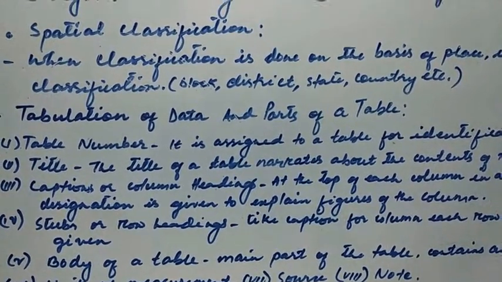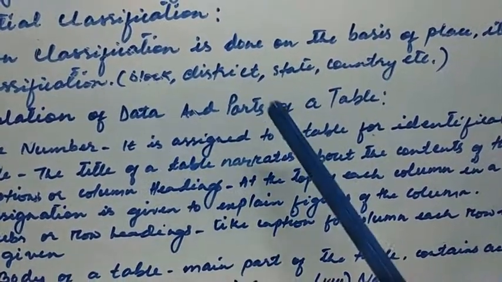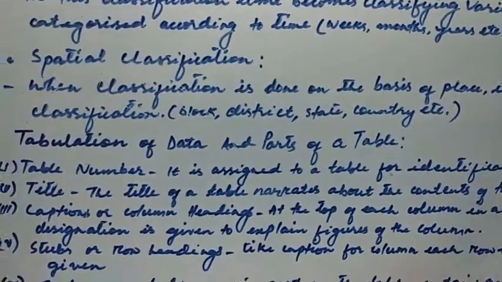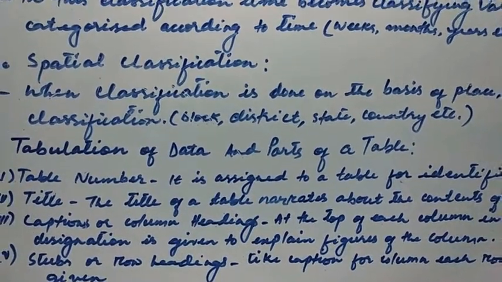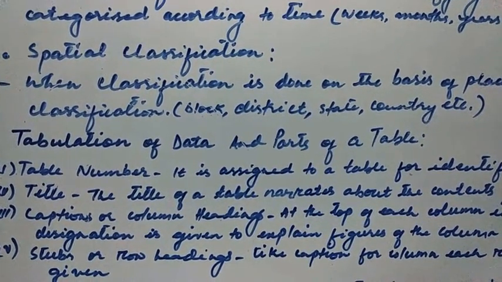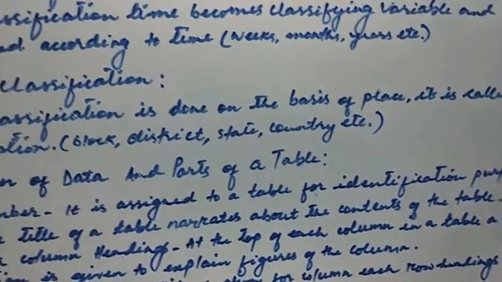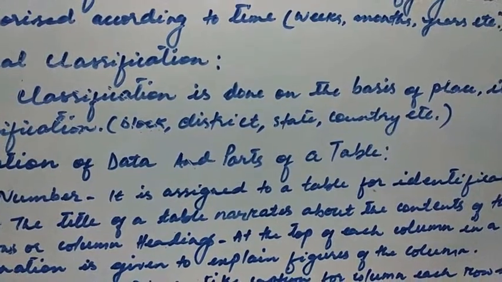So what is a table number? This table number is assigned to a table for identification purpose only. So there might be many tables given there, but a table number is given so that we are able to distinguish one table from another.